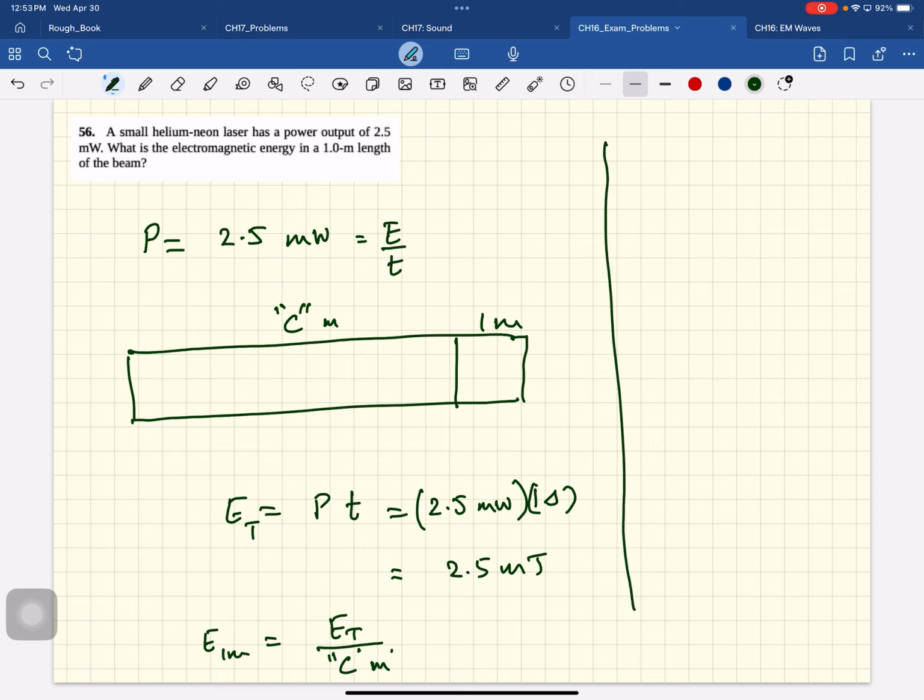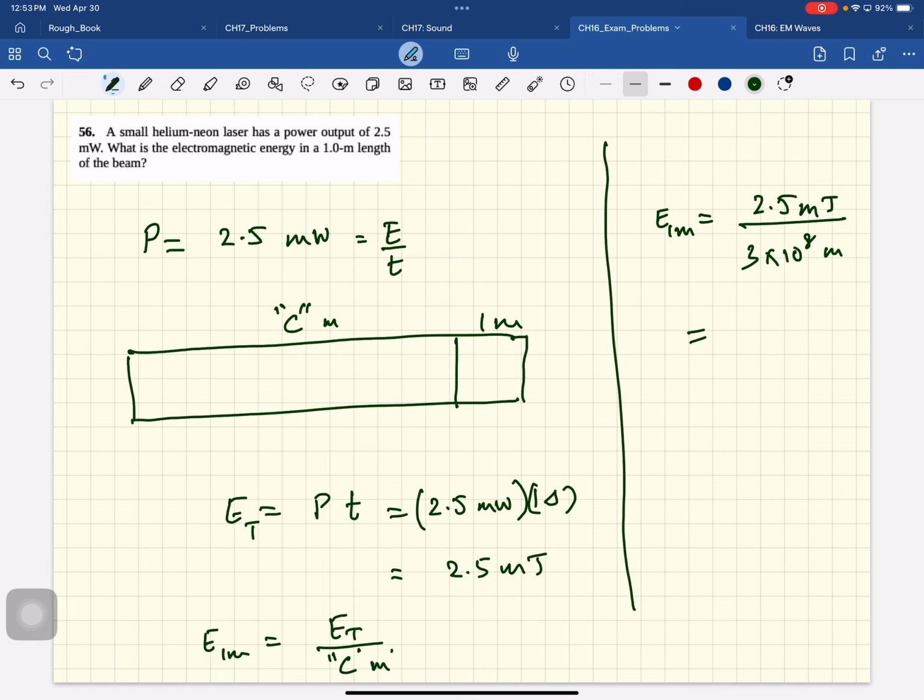So did you guys understand this? I turn this laser on and I want to find the energy in 1 meter of that beam. Okay, so the energy in 1 meter is 2.5 millijoules divided by 3 times 10 to the 8 meters.